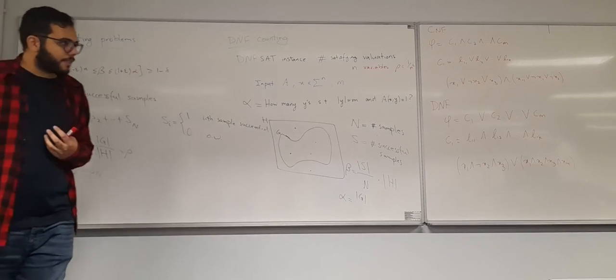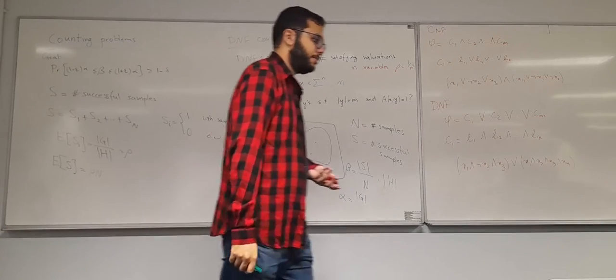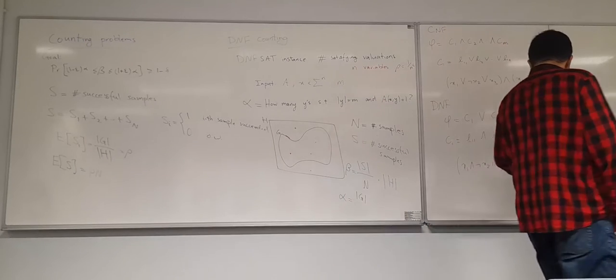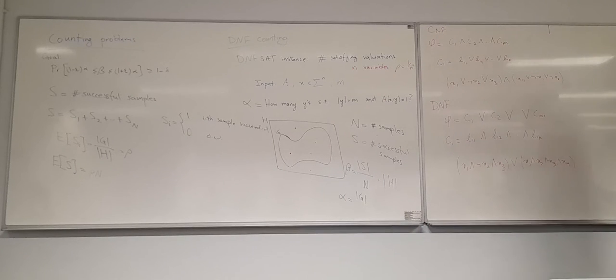Now, does this really make the problem easier? Because I just told you that any formula can be written in DNF, right? But to see that it really matters, let's think about the decision variant for a second. If I give you a formula in CNF, it's NP hard to decide whether this formula is satisfiable or not.